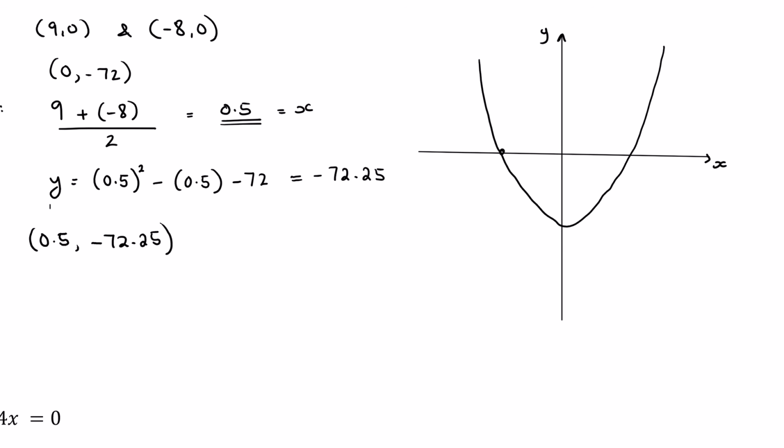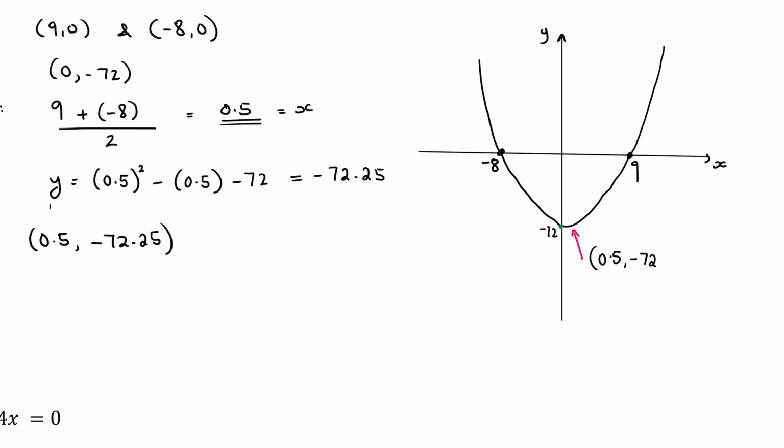So let's label. That's minus 8. That's 9. That here is the y-intercept minus 72, and the turning point, a bit lower, it's 0.5, minus 72.25. So that is a sketch of your quadratic.